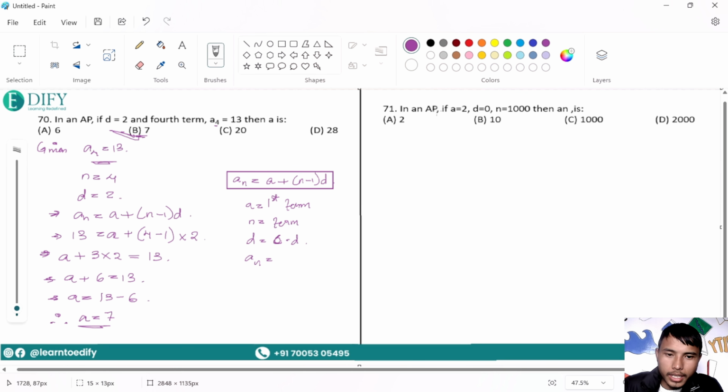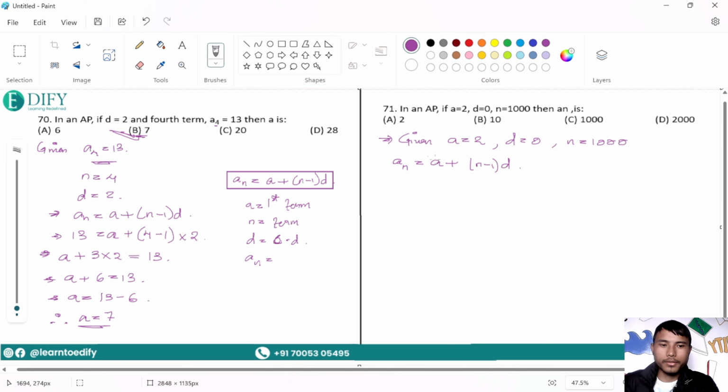Next question: in an AP, if A is equal to 2, and D, the common difference, is equal to 0, and n is equal to 1000, then a n is? So a n is equal to a plus n minus 1 d.